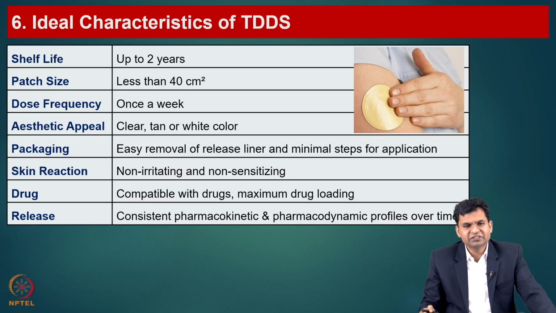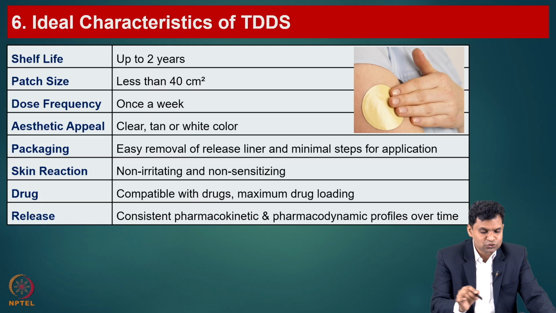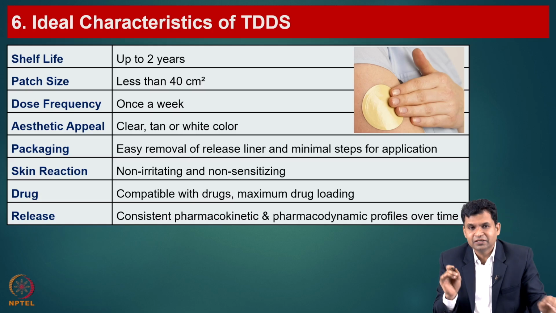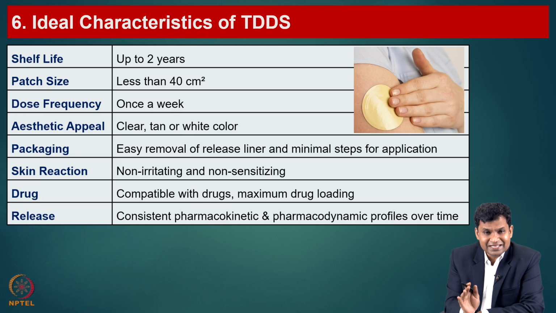So, these are some of the ideal characteristics of a transdermal drug delivery system. If you are claiming your transdermal patch to be ideal, the formulation needs to show a shelf life of 2 years, the patch size should be less than 40 square centimeters, and the dose frequency should be once a week.